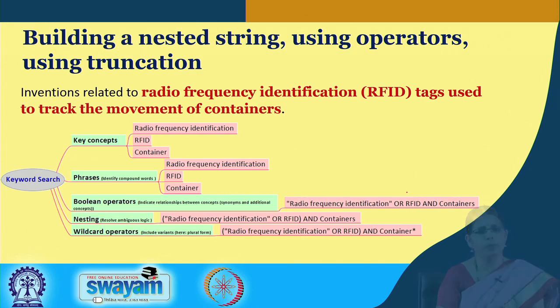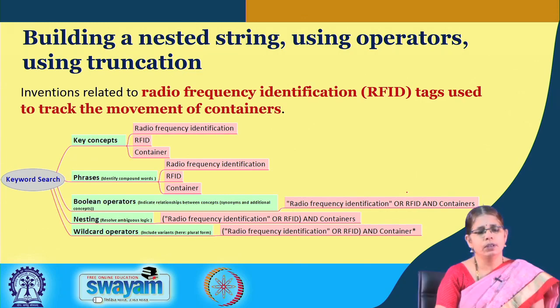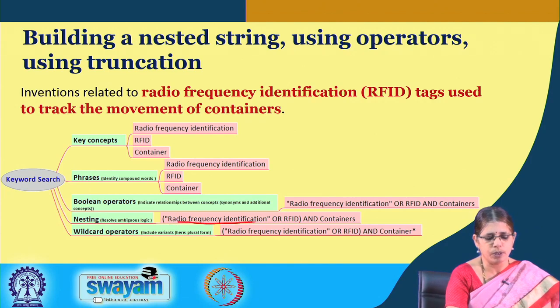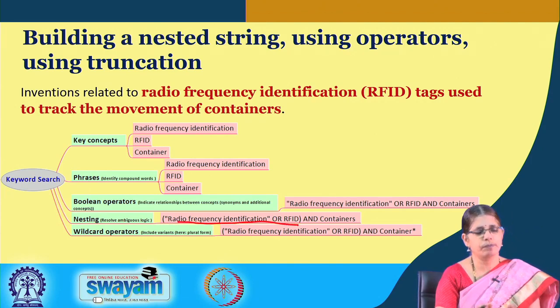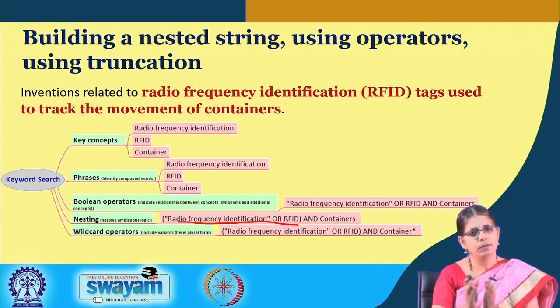How does nesting help? Nesting helps to look at the grouping of certain words. So, here in this case, what is the best way to nest the word? RFID and the full form of it is obviously one group. So, you are putting them together into one group. So, that is one nest, and then you are treating this nest with containers.